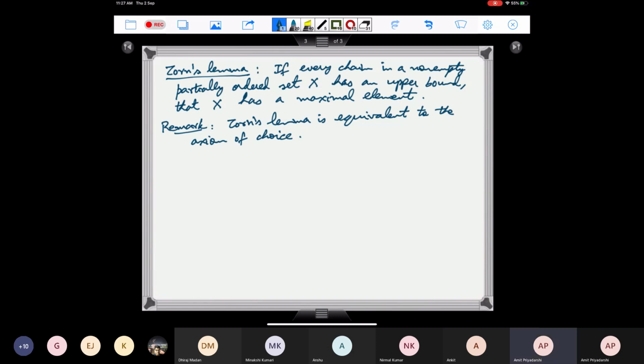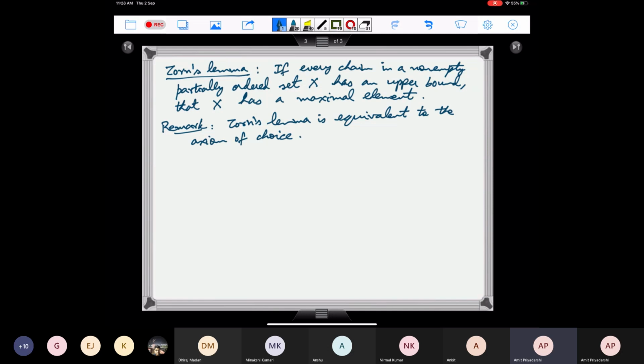But yeah, about Zorn's lemma, the axiom of choice, and the well ordering principle, maybe I can tell you there is a famous quote which says that the axiom of choice is obviously true because it is very intuitive. The well ordering principle is obviously false because it is very counterintuitive. And then the quote says, who can tell about Zorn's lemma?